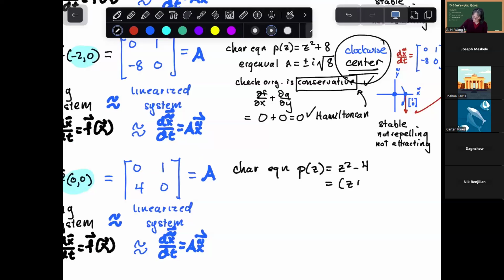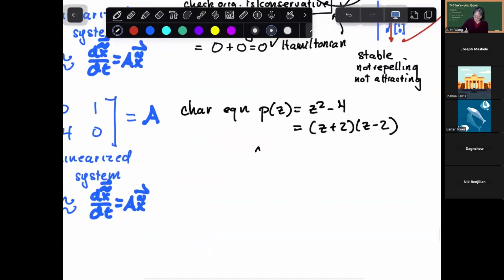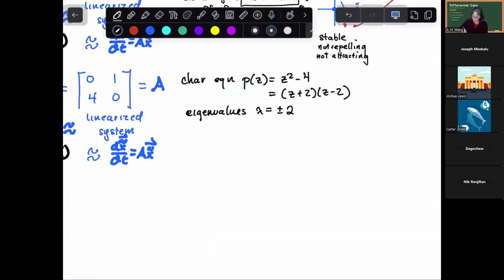So then you have (z + 2)(z - 2). And so when you set it equal to 0, what are your eigenvalues? 2 and -2. Yes. Now what you would say is you have 2 eigenvalues that are real, positive and negative. So you're going to have a saddle.